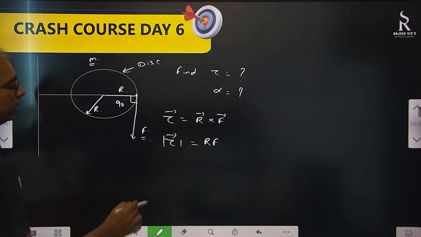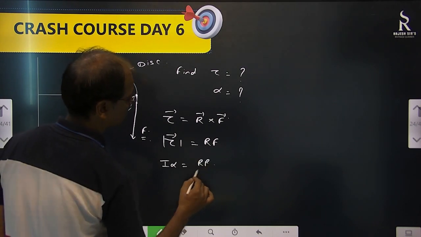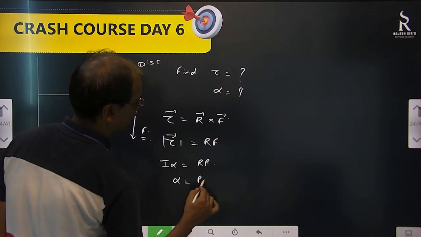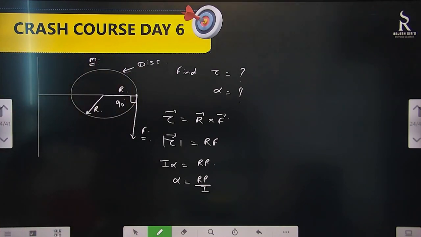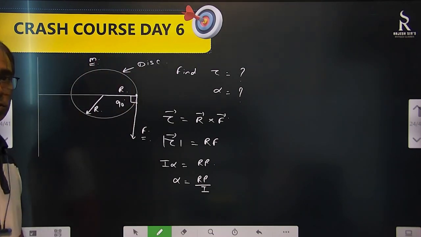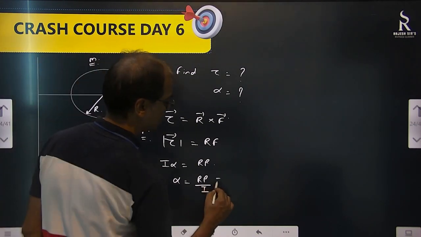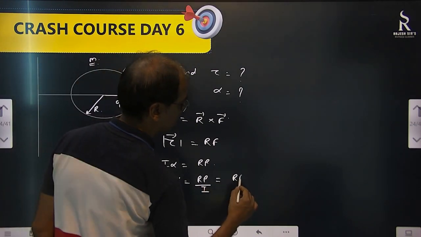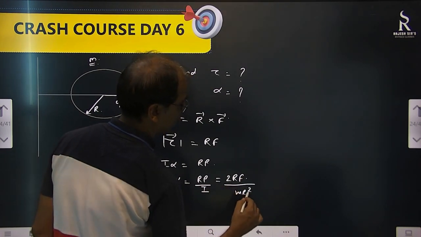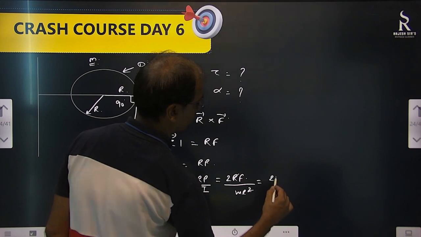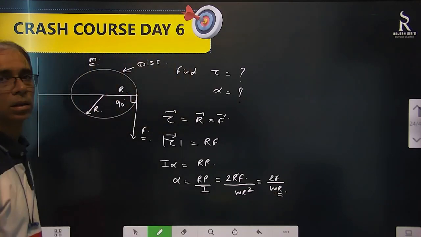Alpha. Torque is I alpha, so alpha is R F by I. That's it, over. If we also want to write I, we can write m r square by 2. So R F by m r square by 2. R gets cancelled. So 2F by m r. That's alpha.